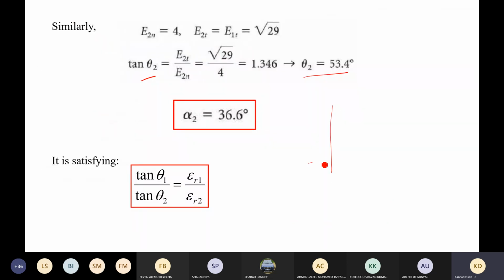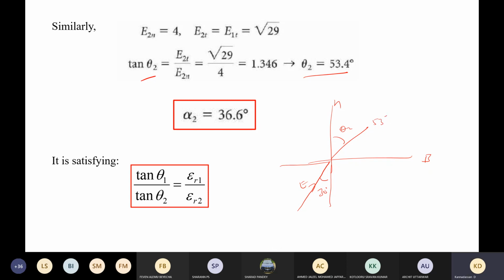This clearly tells that if this is the boundary and this is the normal to the boundary, and there is an incoming signal, let's say with the electric field at an angle of approximately 30 degrees, it is reflected at about 53 degrees.